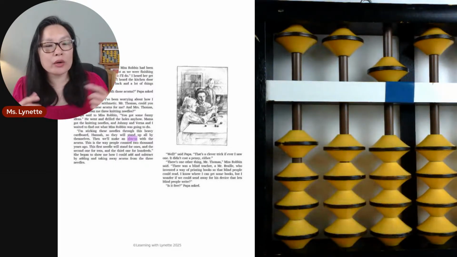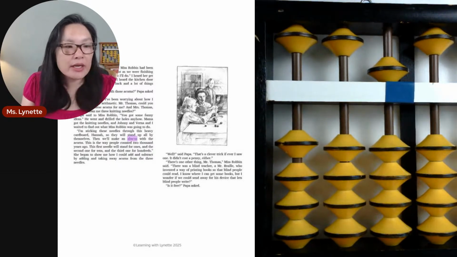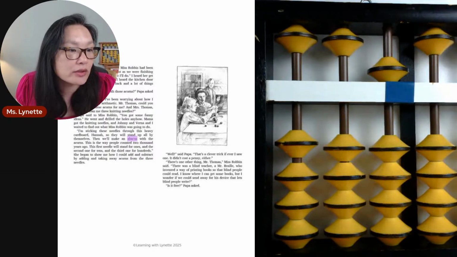She had to stay home, but they didn't want to keep her dumb, right? They wanted to make sure that she continues on learning. So what they did is they made an abacus with acorns, and this is the way people counted for many, many years.